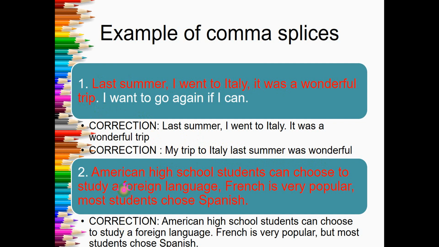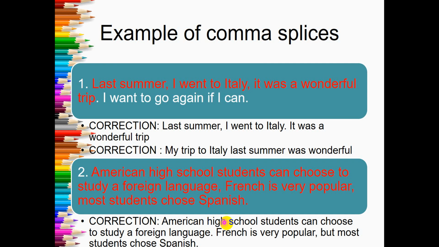Another example is: "American high school students can choose to study a foreign language, French is very popular, most students choose Spanish." Here we separate the ideas by using commas. We have to correct this by separating those parts into sentences.